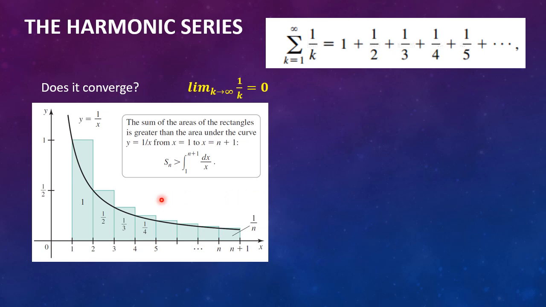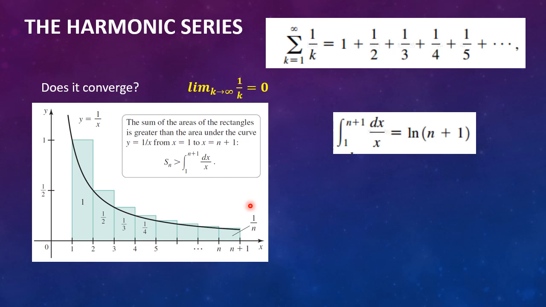And so we can see that this Riemann sum is greater than the integral, which is the area under the curve, of 1/x dx from 1 to n plus 1.